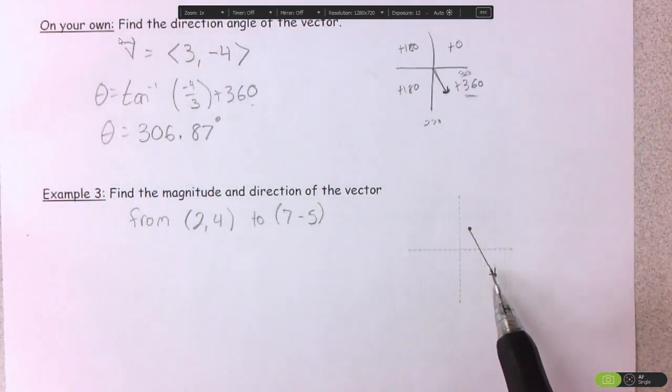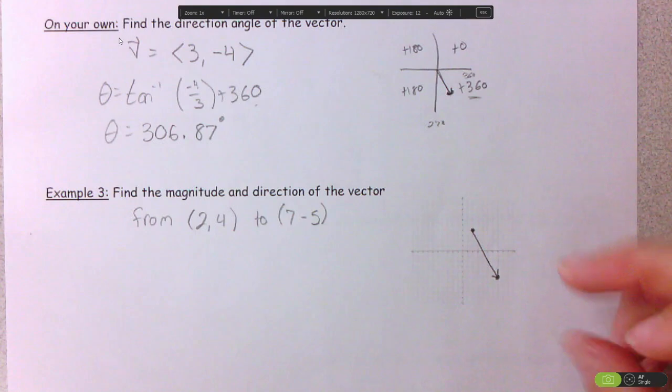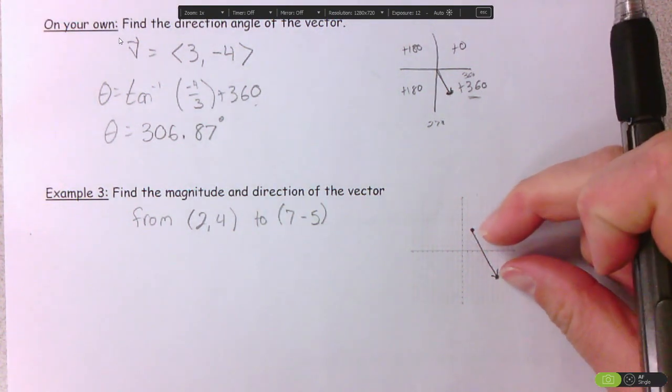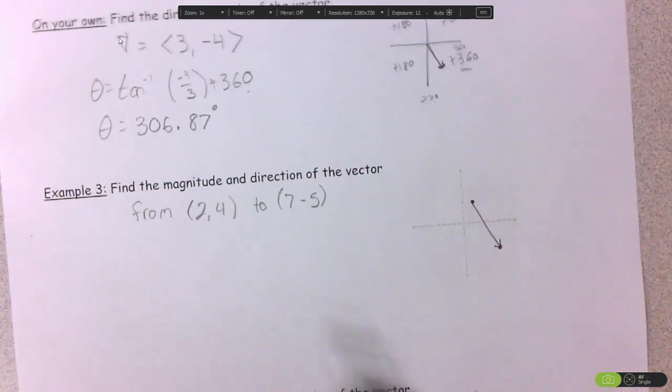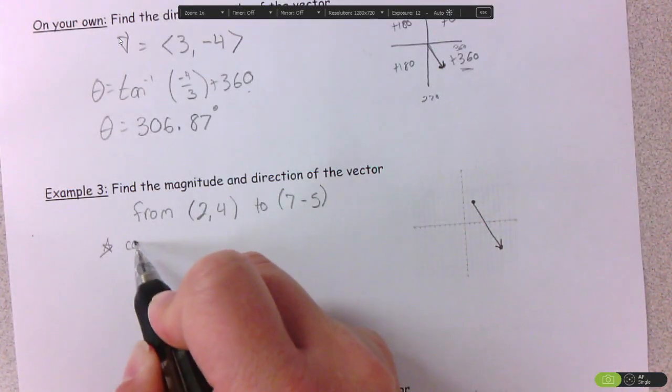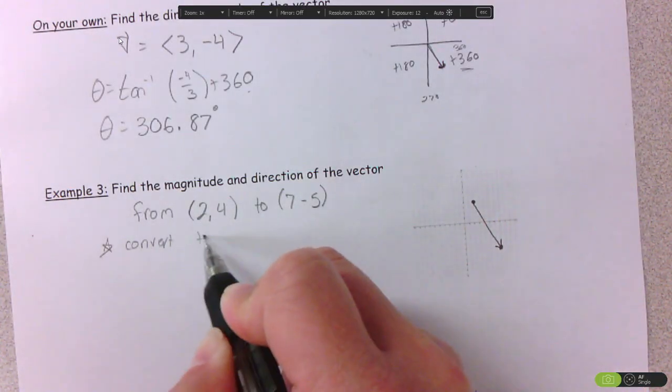Notice I'm not starting at the origin, so I need to make it start at the origin. What I'm going to do is take this whole line and shift it down here. Mathematically, we'll convert to a position vector.